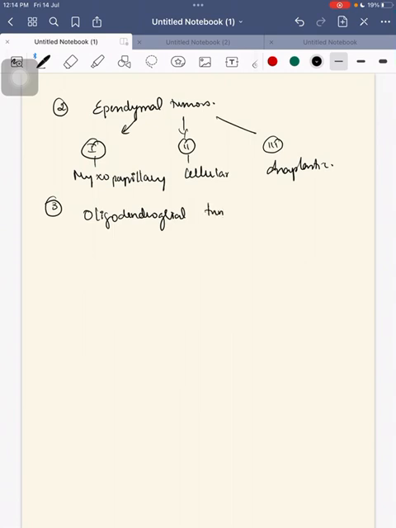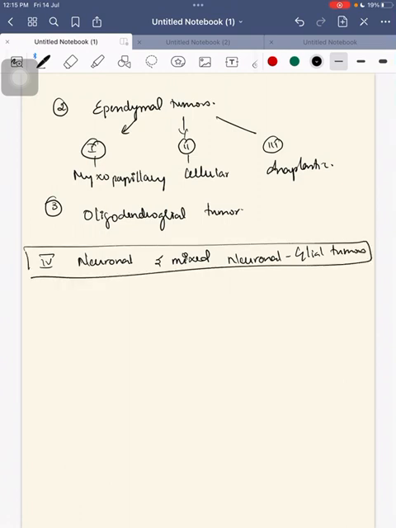Fourth among this group is neuronal and mixed neuronal glial tumors. These are, first one is ganglioglioma, second is desmoplastic infantile tumor.